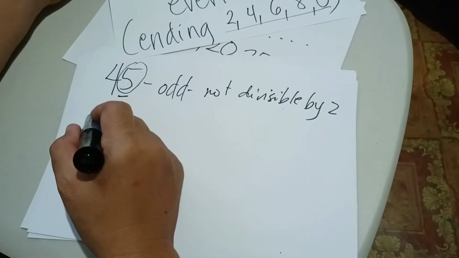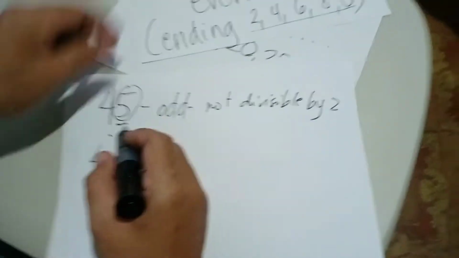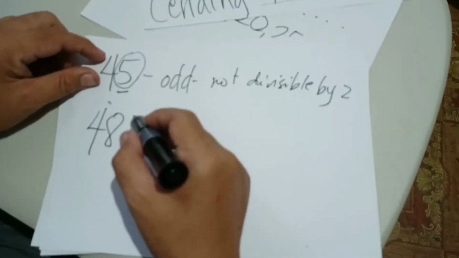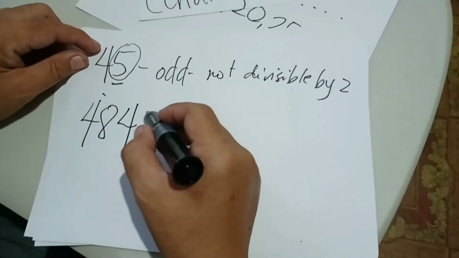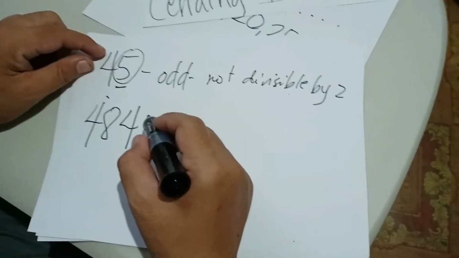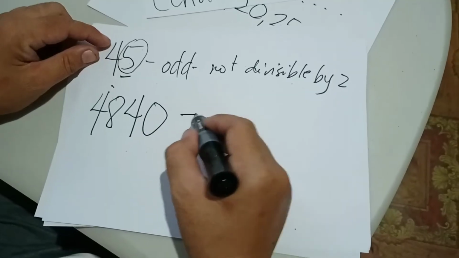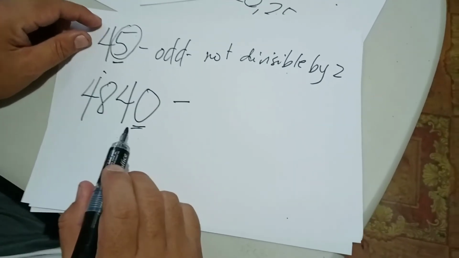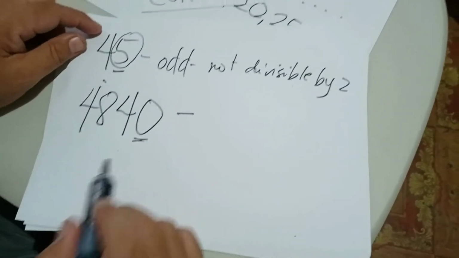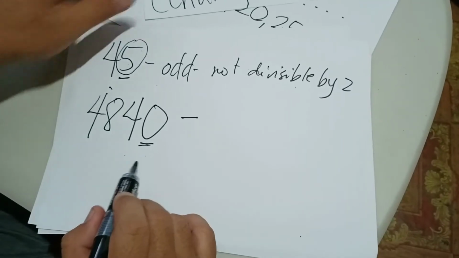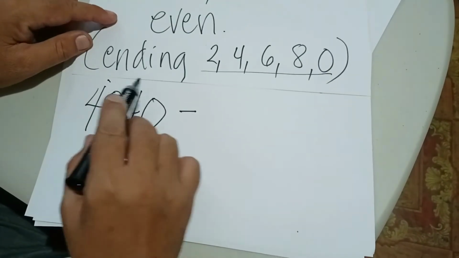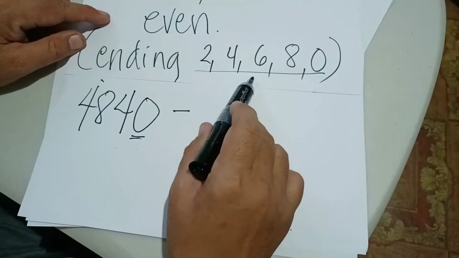So another example, no matter how big the number is or how great the number is, as long as the last digit is an even number, it denotes, so sabi, ending in 0, 2, 4, 6, 8.